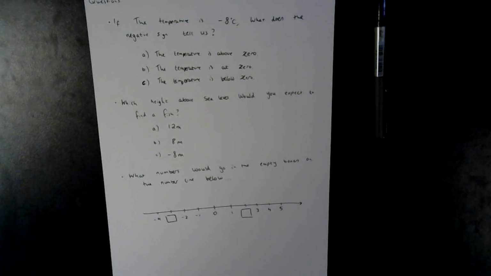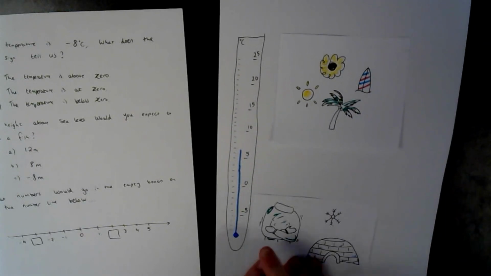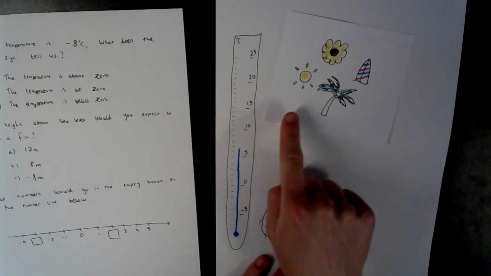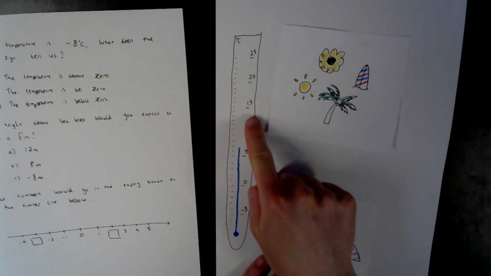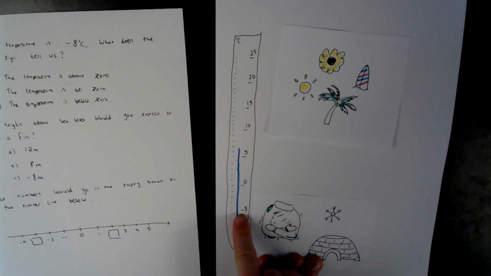Well, if we look back to our temperature example, we can see that positive temperatures are above 0, and the negative sign is below 0.